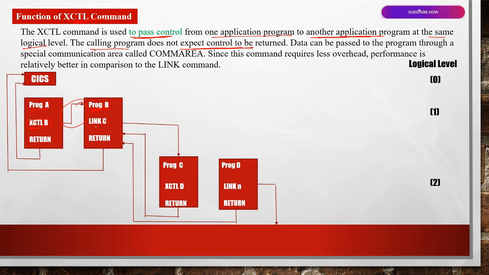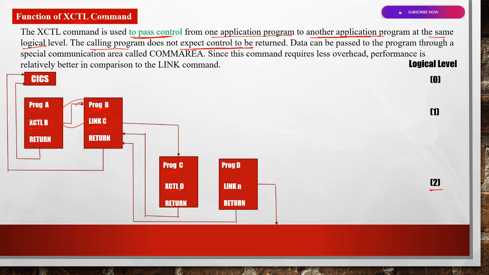And LINK C, what LINK C does, means it will call program C at the lower logical level. Means it will call program C at level 2, which is lower.